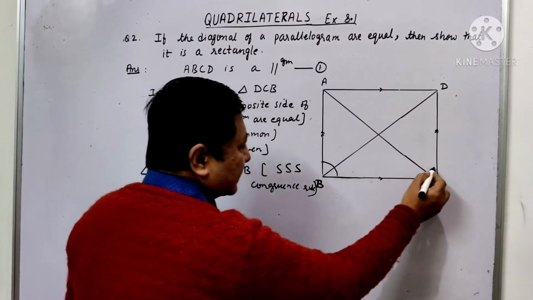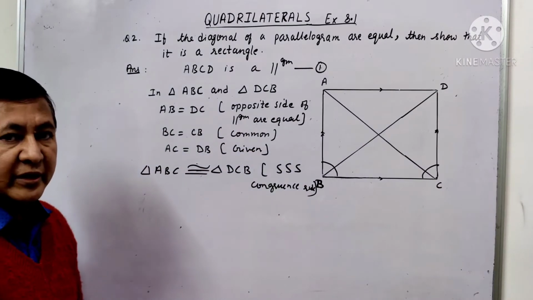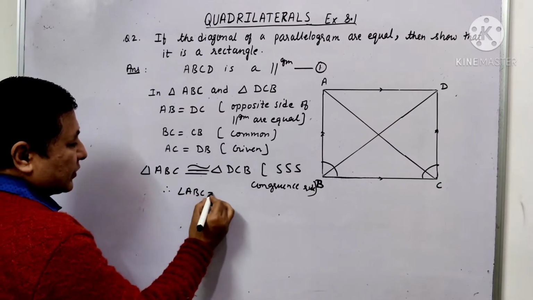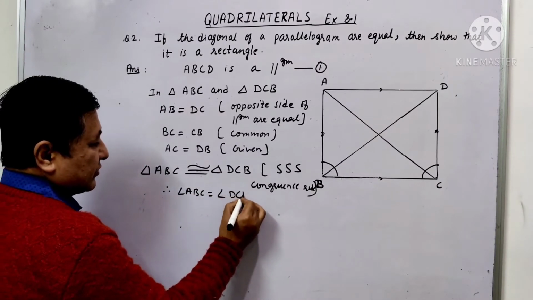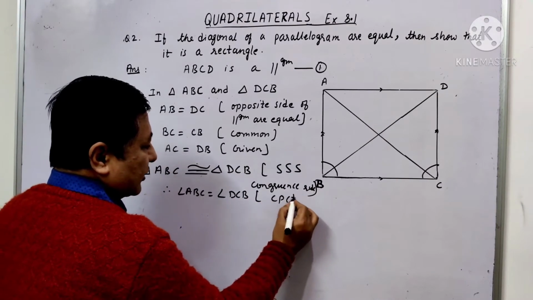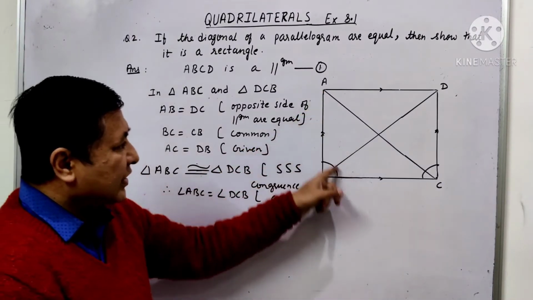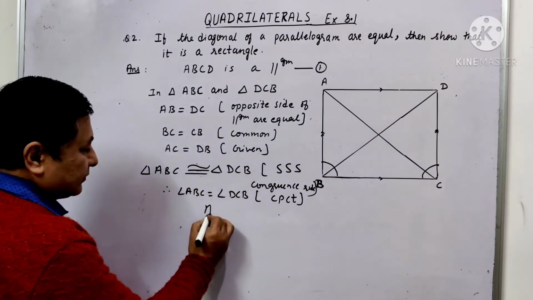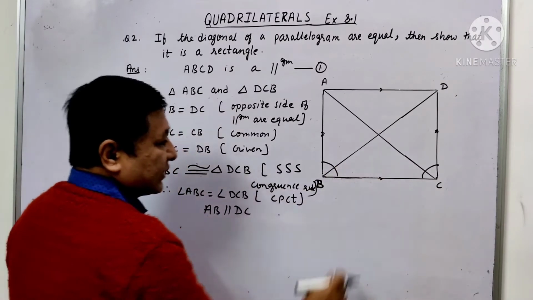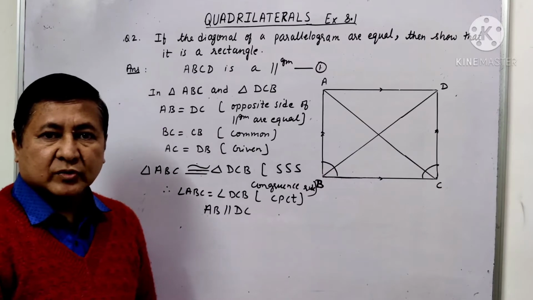So now these two triangles are congruent by SSS. This angle and this angle will be equal because corresponding parts of congruent triangles are equal. So we can write angle ABC is equal to angle DCB, because corresponding parts of congruent triangles are equal. Now AB is parallel to DC, so this angle and this angle form co-interior angles, and the sum of co-interior angles is 180 degrees.